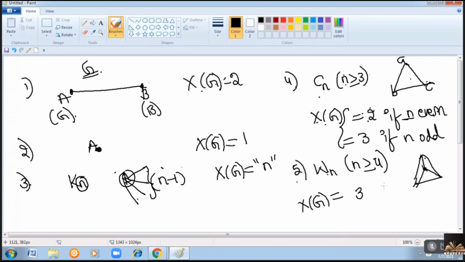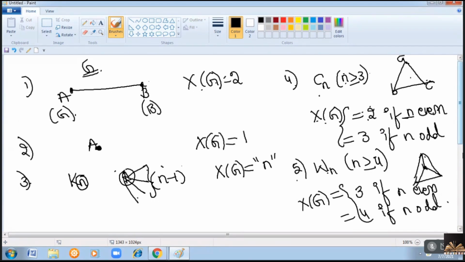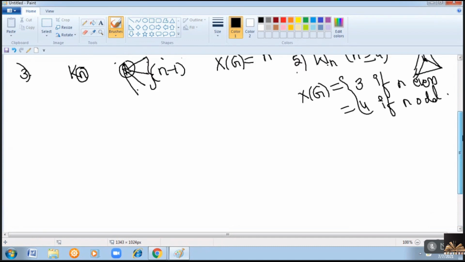So the chromatic number for a wheel graph is 3 if n is even, and it is 4 if n is odd. Clear? For a wheel graph, it is 3 for an even number of vertices, and 4 for an odd number of vertices.